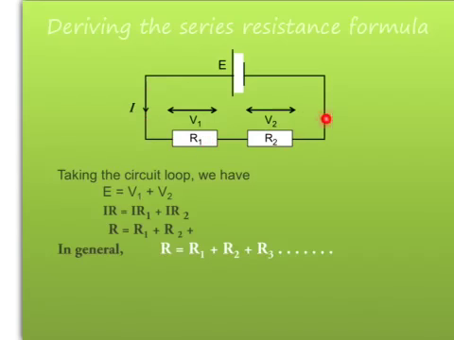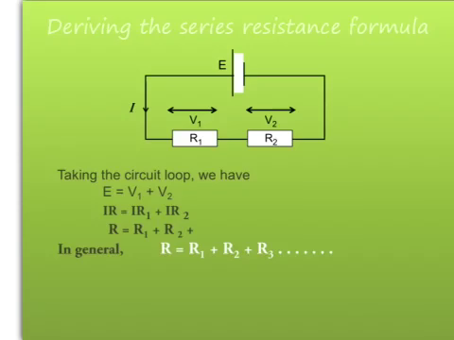Here we have a series circuit, a cell with an EMF, and two resistors, R1 and R2. Taking the circuit loop, in other words, we're using the second law. If we take a loop from here all the way back to here, during our trip we went through an EMF, so I'll put EMF on the left hand side. We also went through V1 and V2 on this side, because V1 and V2 are potential differences.